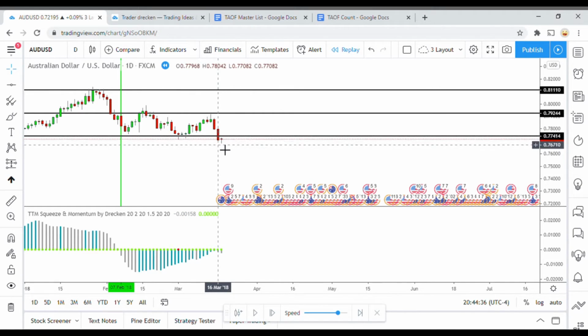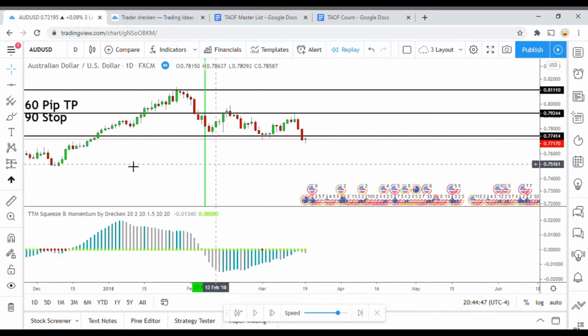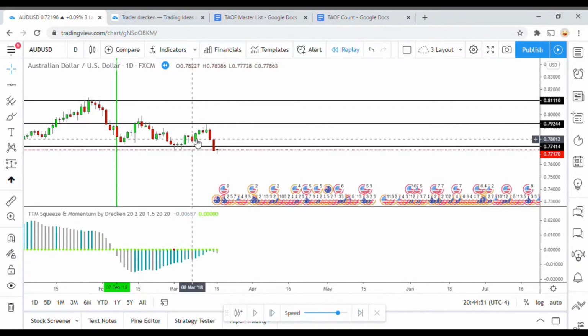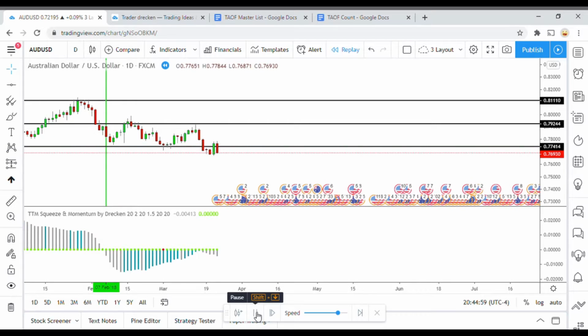It broke below the support level. Let's see if it comes back up and touches it. Sometimes it'll do that, but since we didn't have a good relief move from this one over here, we're probably going to see a push downward. Not sure how far it'll go, but if I had to guess, that's what I would say.